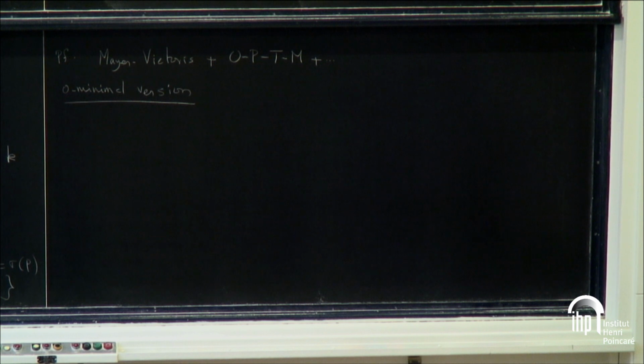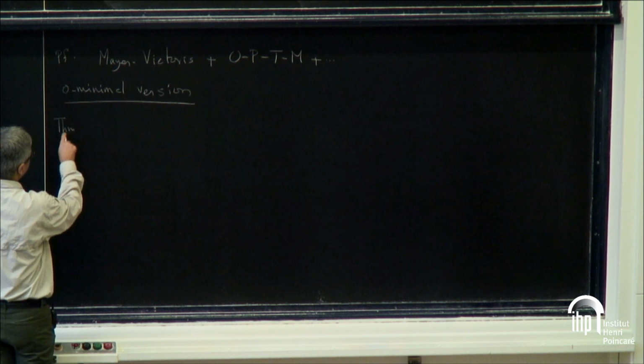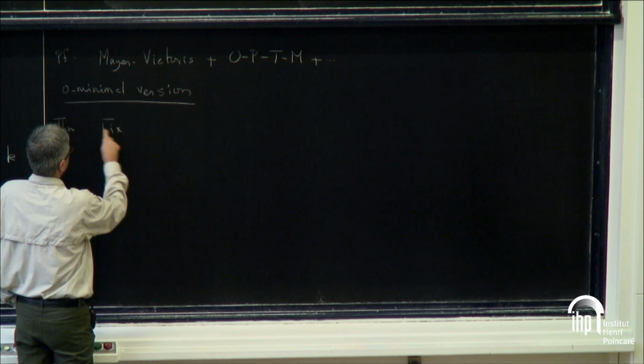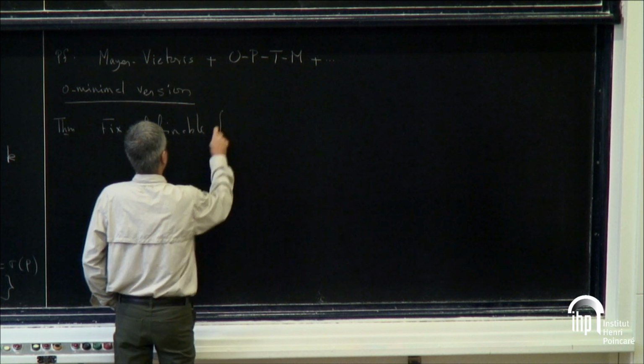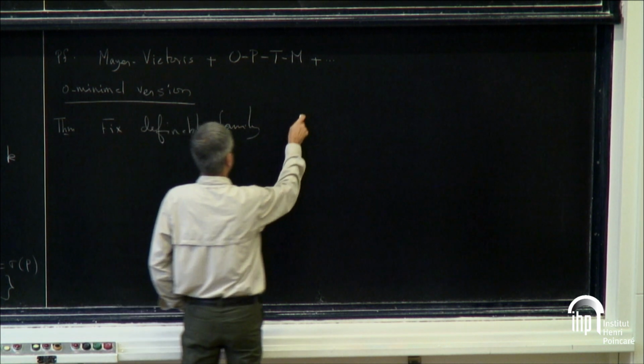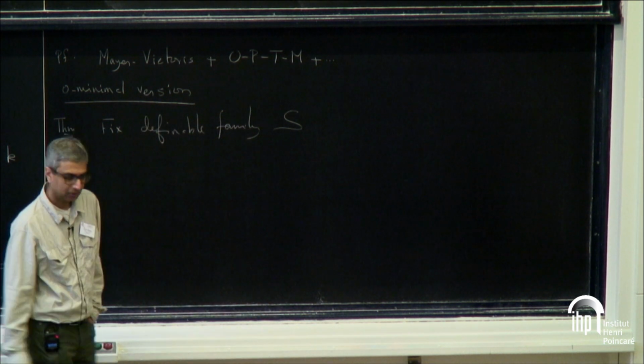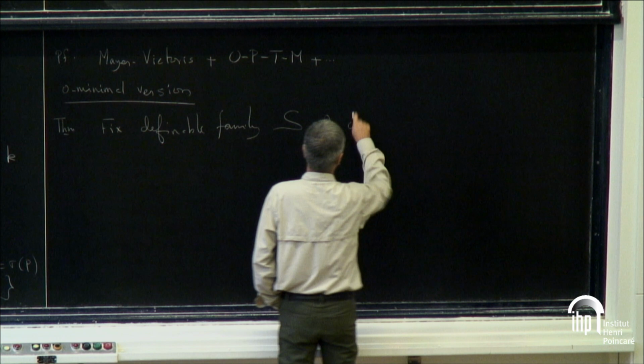Well, if you think of these polynomials as given by polynomials of degree something fixed, so you're looking at hypersurfaces here that come from some fixed family of hypersurfaces. And you have many of them, and you want to bound the complexity of this arrangement in terms of the ith Betti number. So the o-minimal version, we can fix a definable family, let's call it script S, of definable subsets in an o-minimal structure.